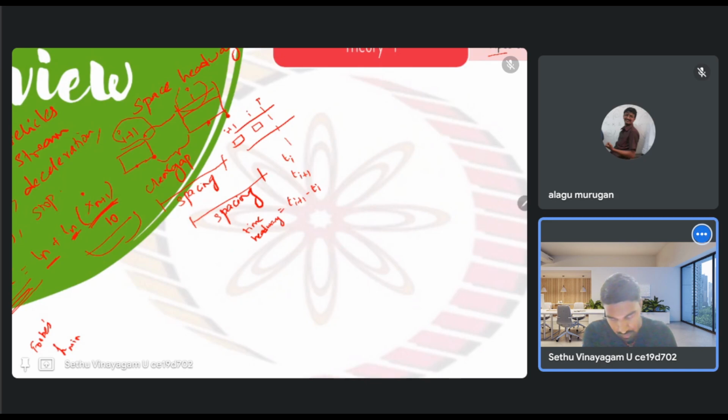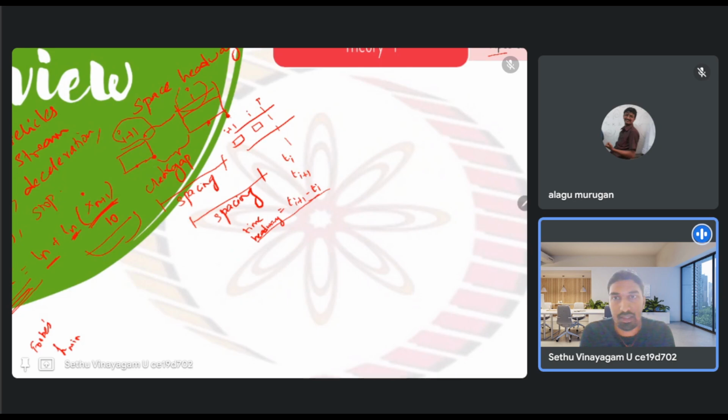So what is the relationship between the space headway and time headway? Time headway is basically how long it takes for one vehicle to cross a point after another vehicle has crossed it. If the vehicles are following each other closely and the space headway is small, the time headway will also be smaller.